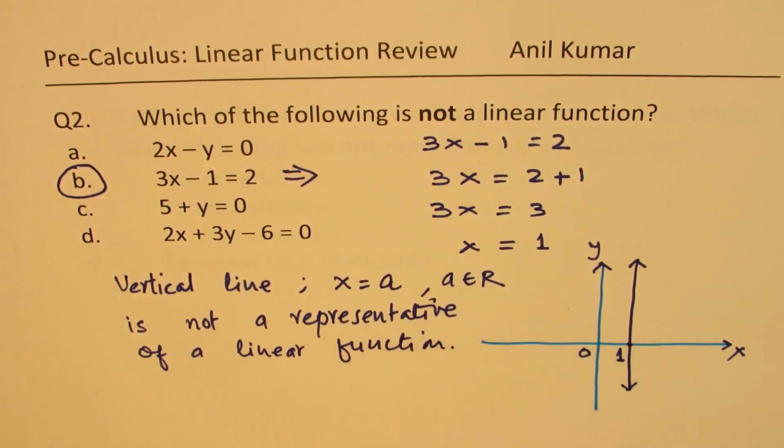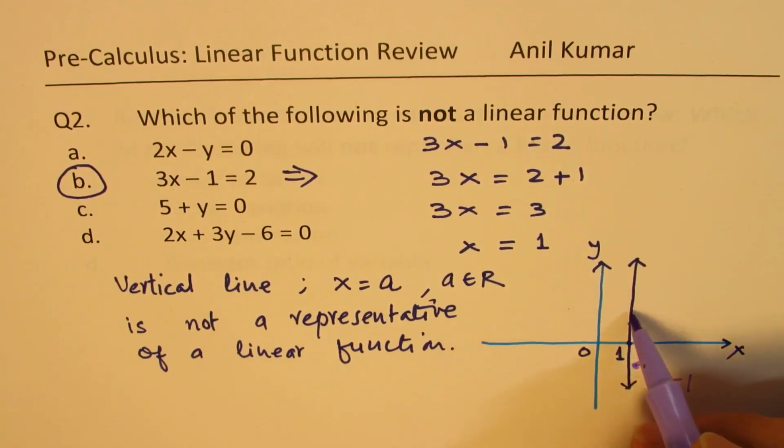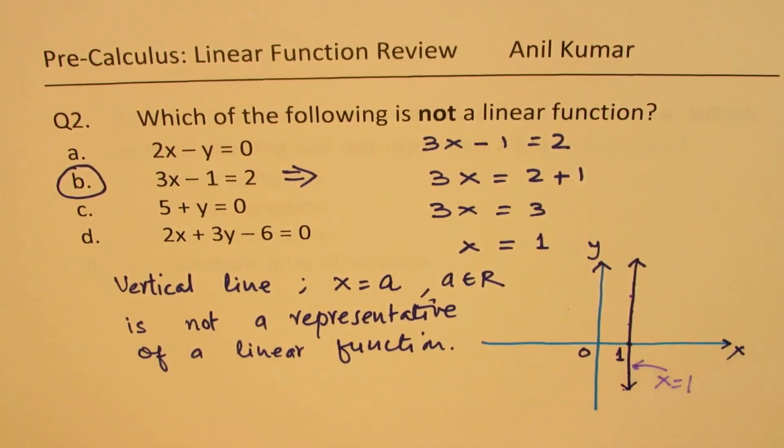Now this is extremely important concept, right? And now you also know how to write the equation of such a line, right? So if this point is 1, we know it is x equals 1, because at every point the value of x is 1, right? All other equations are representative of linear functions, right?